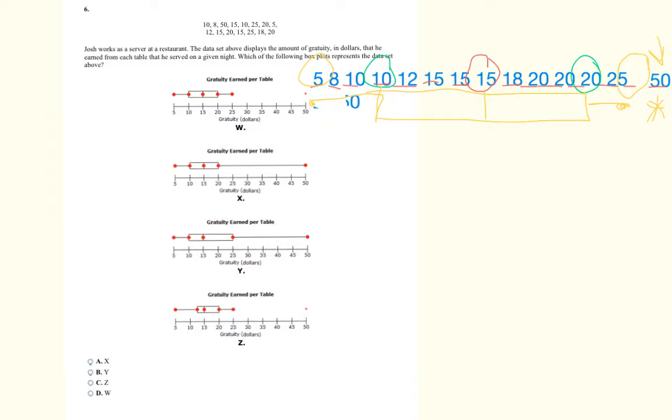And so I'm looking for that above a number line that's correctly done. And so here I have 5 and the 10 and the 15 and the 20 and the 25. So this all lines up, and then an asterisk at 50. So W is going to be the choice that I want, which is a final answer of D.